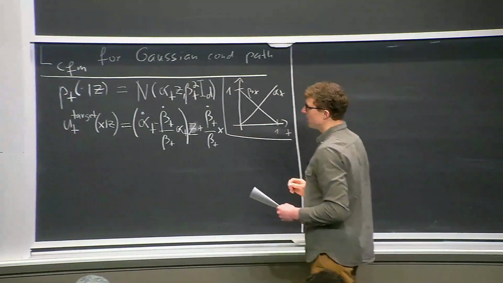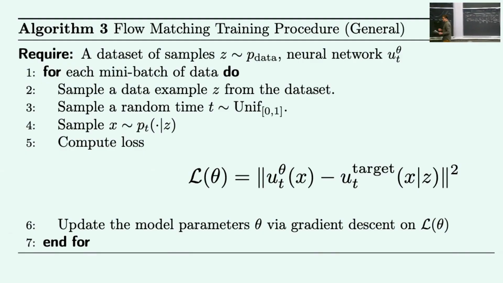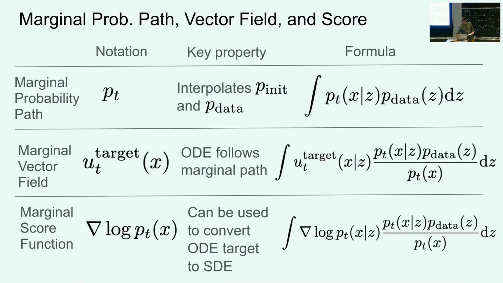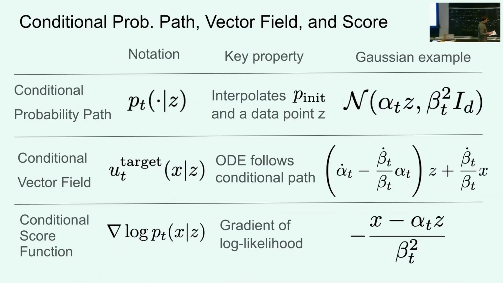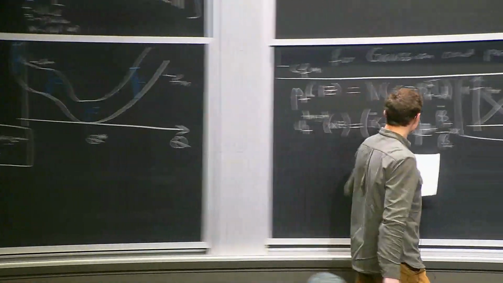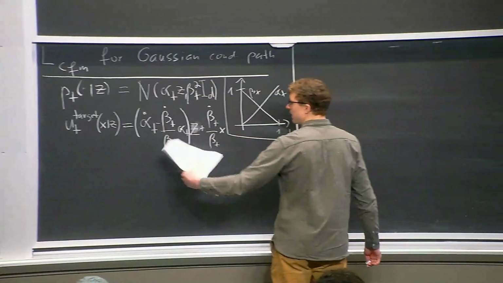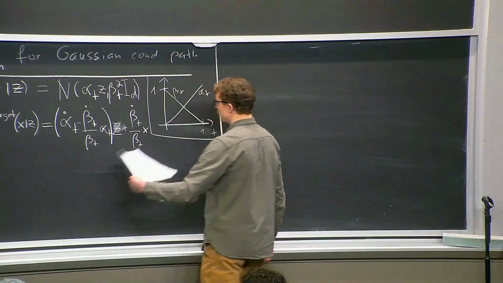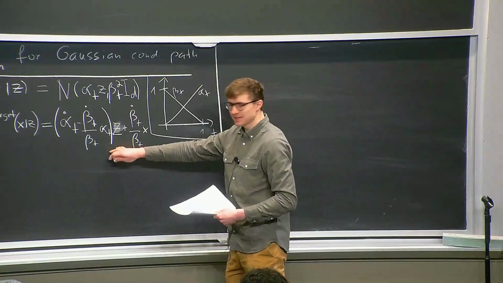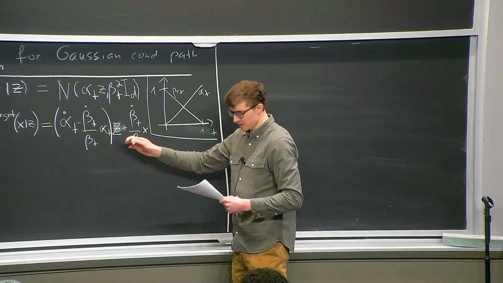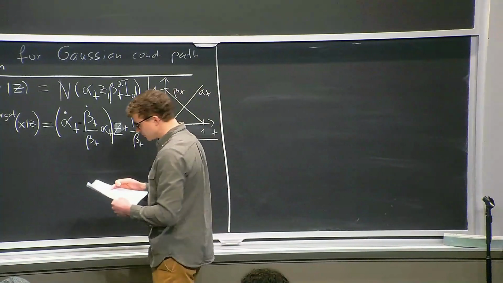That's the formula that I had on the second slide, just as a reminder. So I just wrote down this formula for the conditional vector field here again. Keep in mind that we know alpha_t and beta_t. We just chose them. This looks more complicated because we can just plug in equations.